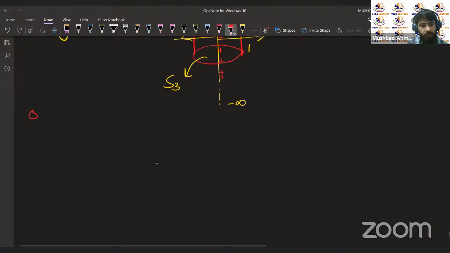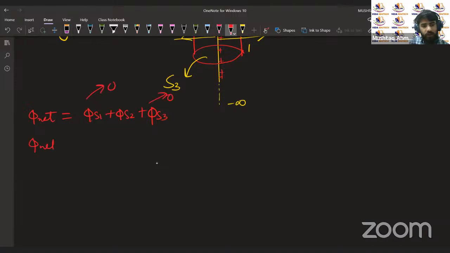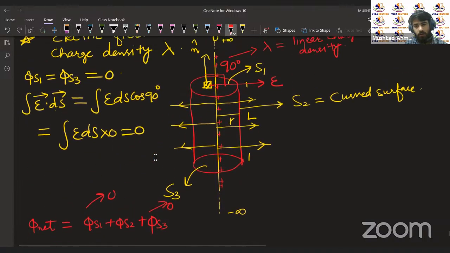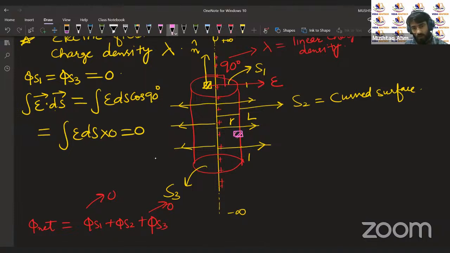The total phi net will be equal to phi S1 plus phi S2 plus phi S3, right? These two will go to 0, right? And you'll be left with phi net that's equal to phi S2, right? We can see that in this case, if we draw this ds vector here, this is our ds, right?